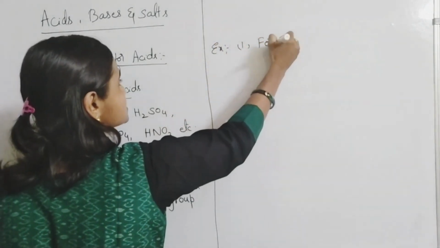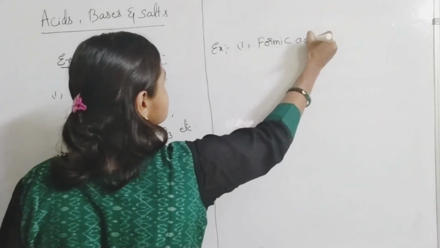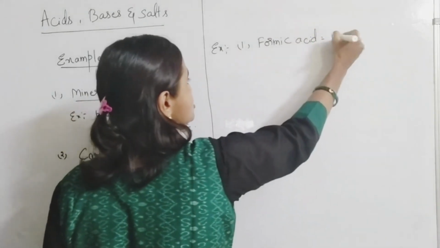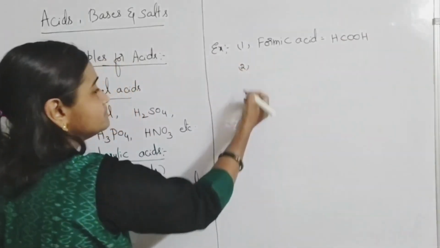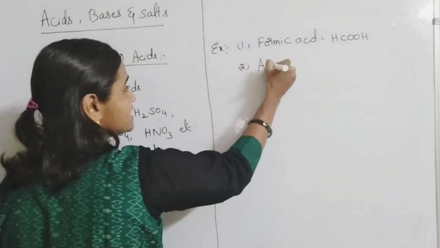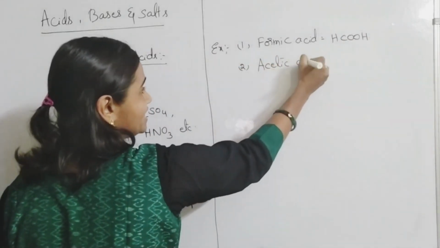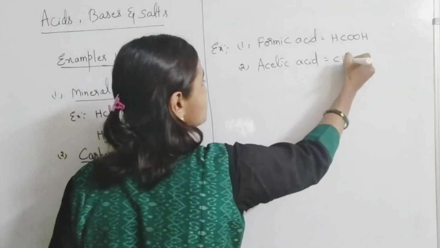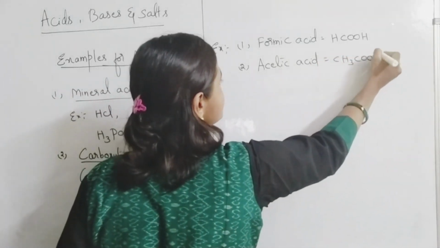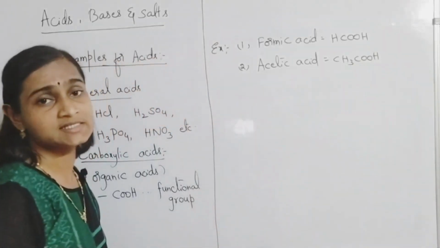Formic acid, HCOOH, and you have acetic acid, which in other words you call vinegar. Acetic acid, CH3COOH, which you can even call ethanoic acid.